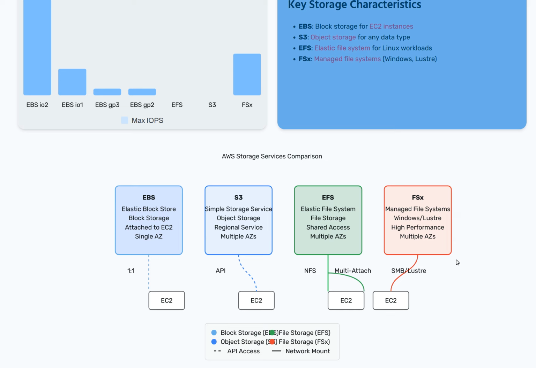You can access it using an API, and from EC2 also, but EBS to EC2 is one-to-one, only that instance can access it. Then EFS and FSX support multi-attach, SMB, Lustre, right? So that is how we normally decide what storage solution is good for your requirement, right?